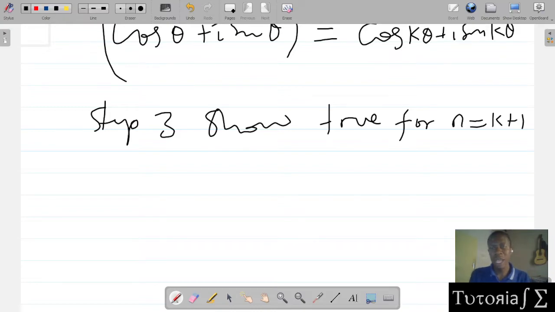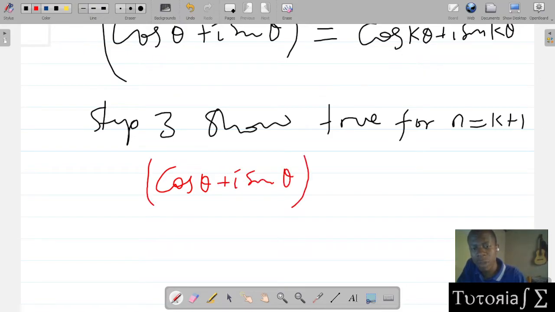So what we do here is write first what we are proving: cos theta plus I sine theta to the power n is equal to cos n theta plus I sine n theta.